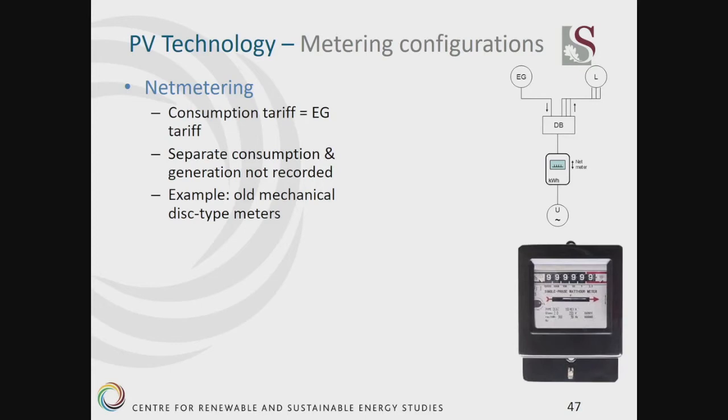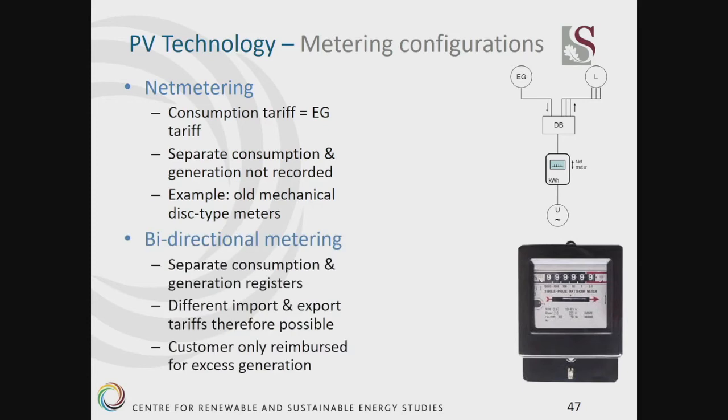Now if you've installed PV, you need to meter this to get any feed-in tariff, and meters can be connected in different ways. You do get net metering, where you only have one meter, and the energy that is used and the energy that is exported goes through this one meter, and it basically works as an old rolling type meter where if you use energy the meter rolls forward, and if you export energy the meter rolls back.